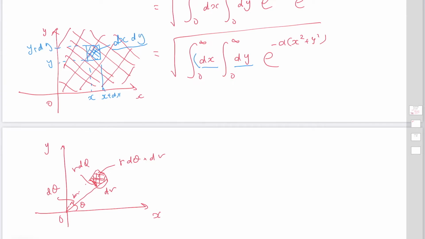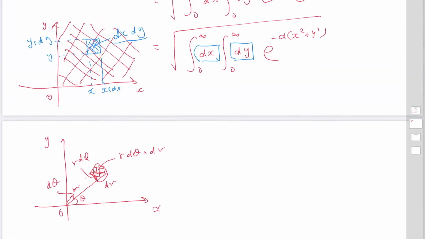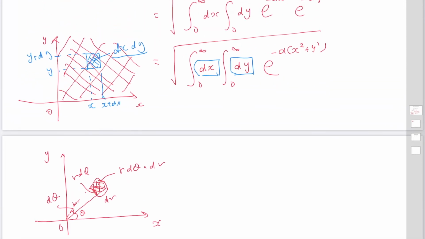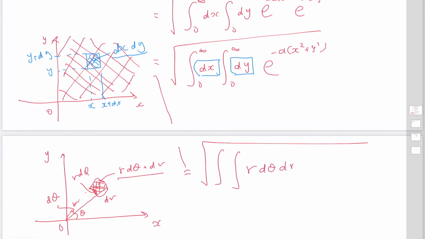So dx times dy corresponds to the small region in Cartesian coordinates. Also in polar coordinates, we could consider small regions, so we change these expressions: dx dy can be expressed as r d theta dr. These are small areas.